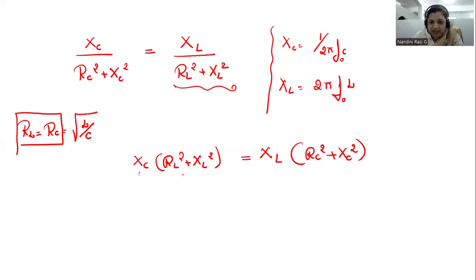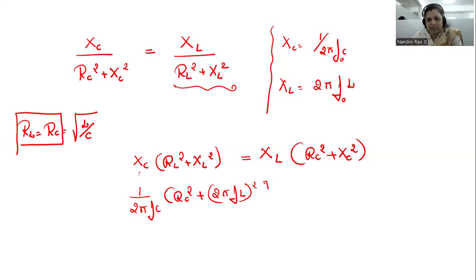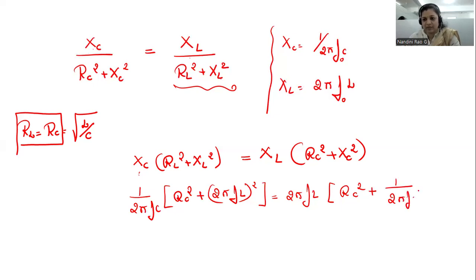Now I take RL equal to RC. XC I write as 1 by 2 pi FC, times RC square plus 2 pi FL whole square. Similarly, here 2 pi FL times RC square plus 1 by 2 pi FC whole square.